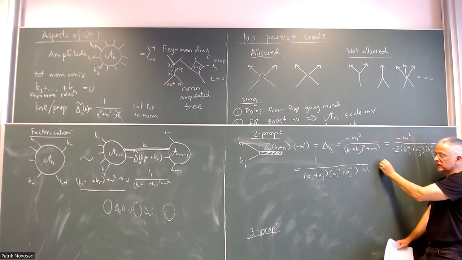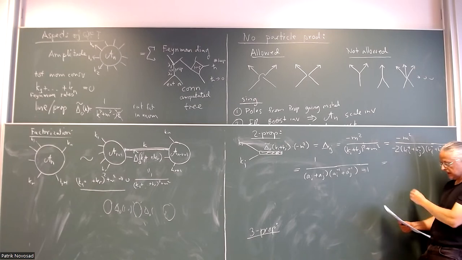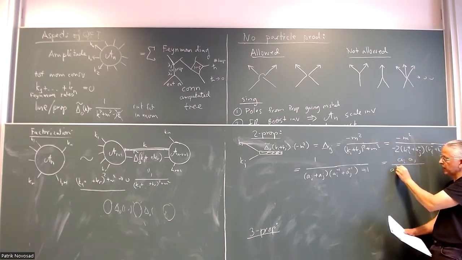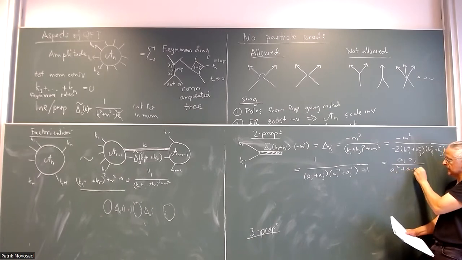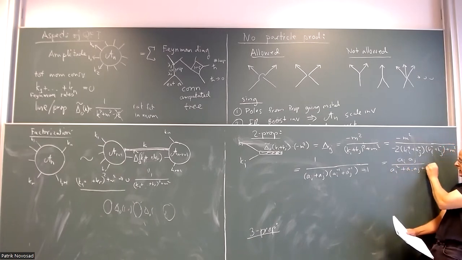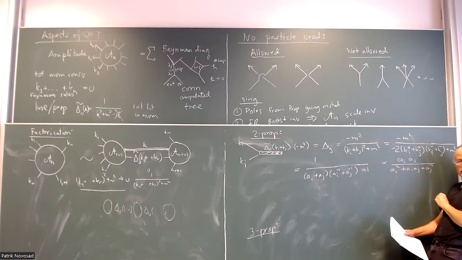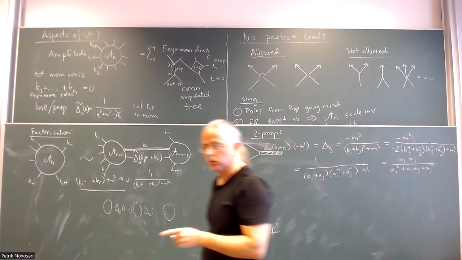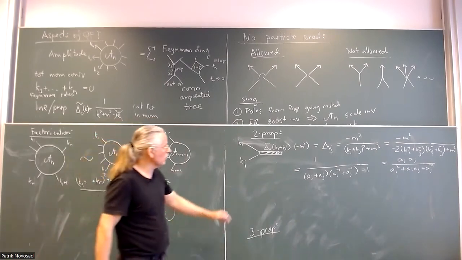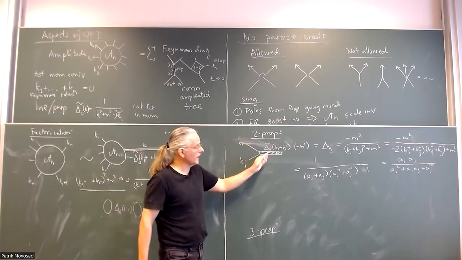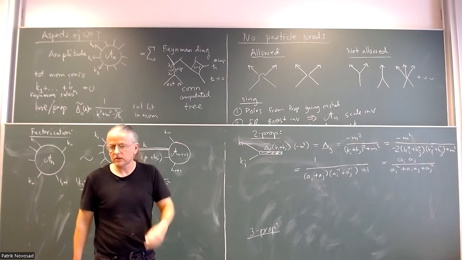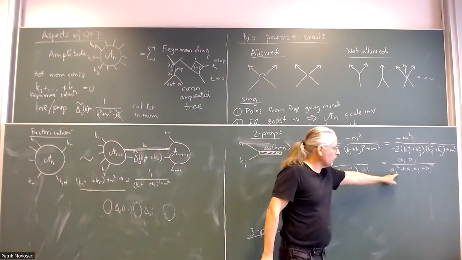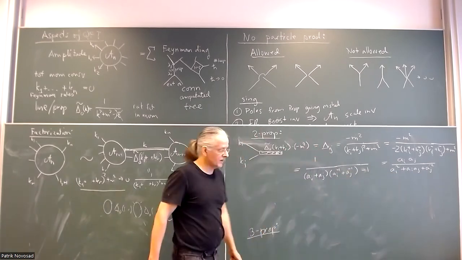So we get this, and then you can simplify this, and it becomes ai aj over ai squared plus ai aj plus aj squared, like this. And what we're interested in is poles. So now we want to know what are the poles of a true propagator that has momentum of two guys. And so therefore we want to factorize this.